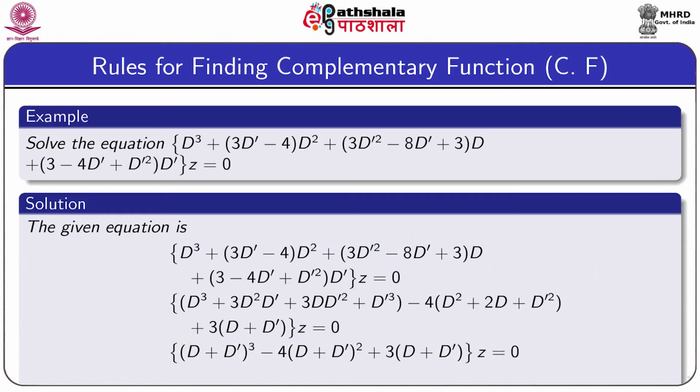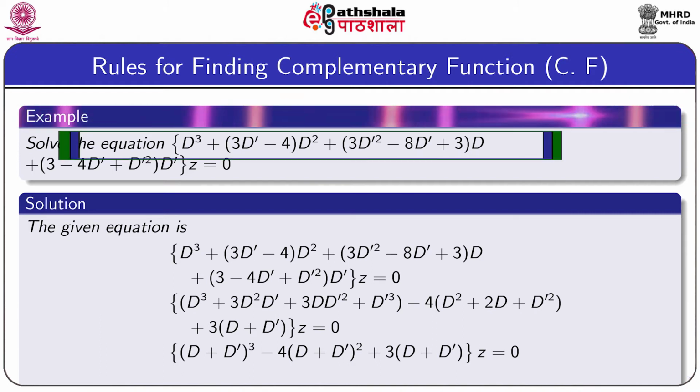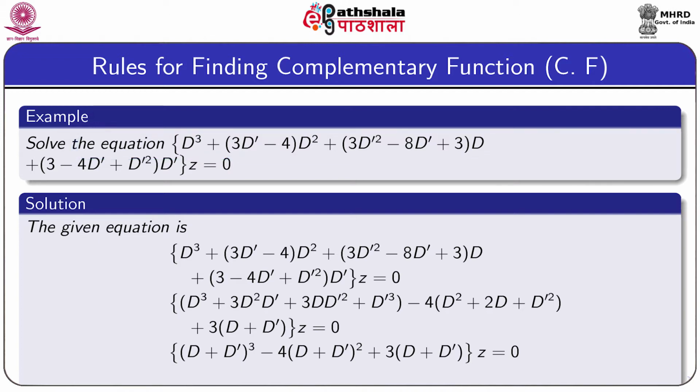To illustrate the idea, we are taking one example. The expression for capital F is written here: D cubed plus 3D squared D dashed minus 4D D dashed squared, and so on, operating on z equals 0.